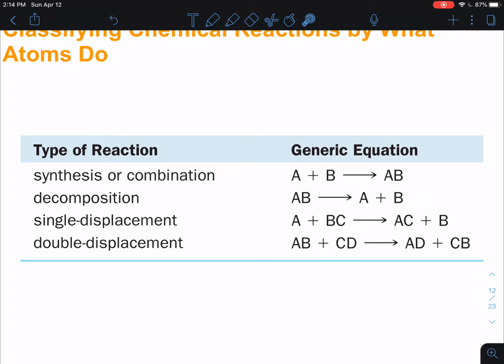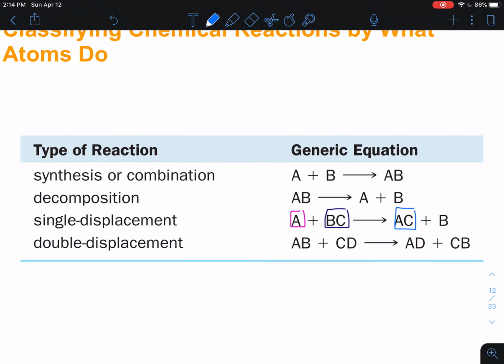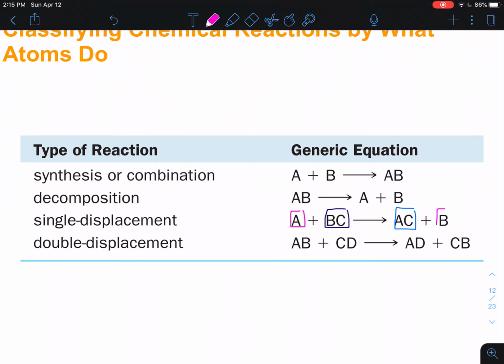You have a single displacement reaction where you have A by itself and then you have B and C, and then after the reaction, A and C are now together, and B is by itself. So basically, A just reacted with C, and B was left by itself.